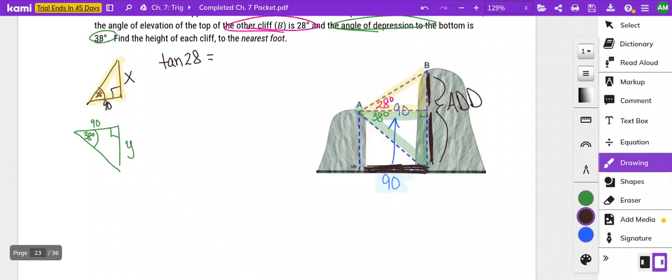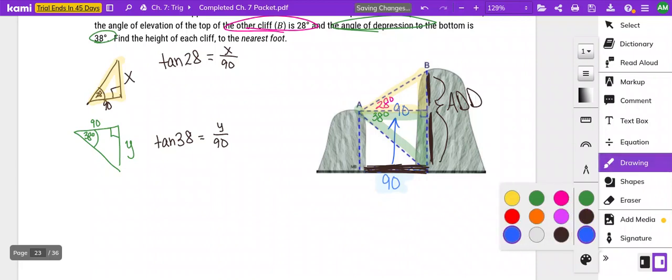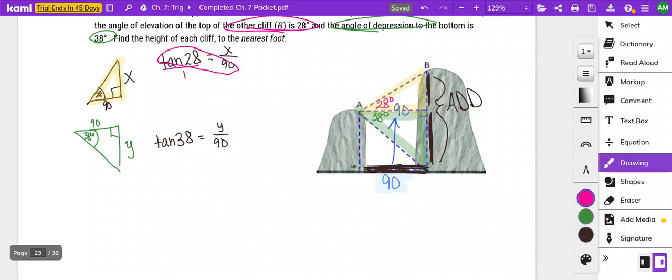Now that we've done that, all we're going to do for each is find our stuff. So we've got tan 28 equals, my opposite is x, my adjacent is 90. Over here, I've got tangent of 38 is equal to, my opposite is y, my adjacent is 90. This time when I go to cross multiply, I would get 90 times tangent 28 equals x.